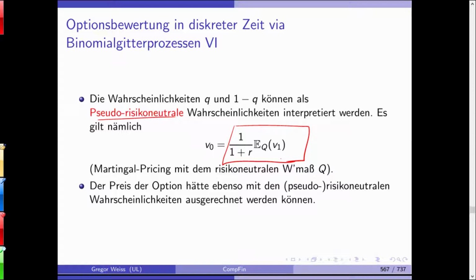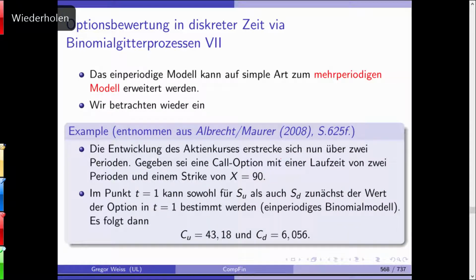A martingale measure is something that models a fair game, more or less. Okay, so one could have also calculated the price with the risk-neutral probabilities. Next, the idea is how can we generalize this to multi-periods?